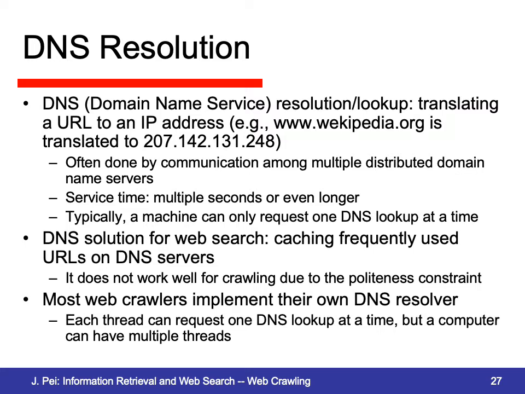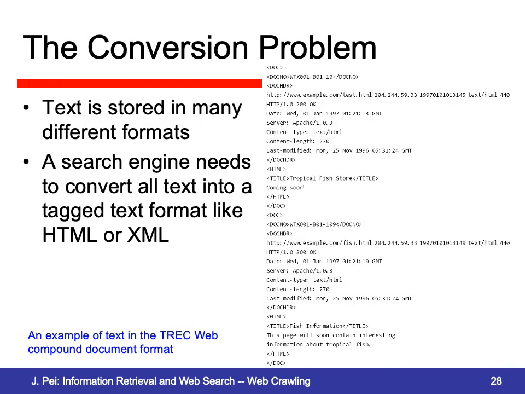We also need to use the domain. A crawler crawls pages from the web, and then next it has to store the pages into the disk and the database. The first thing it needs to address is the conversion in order to store the crawled web pages into a database.